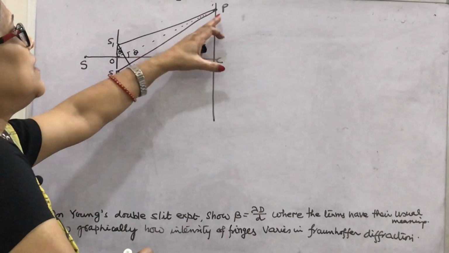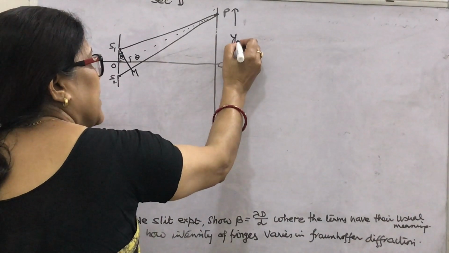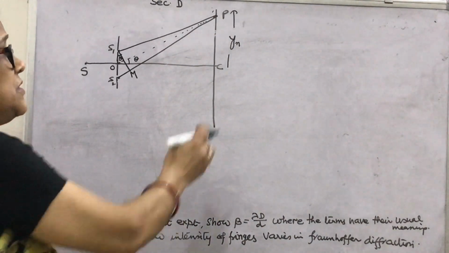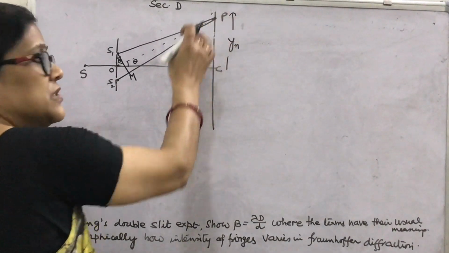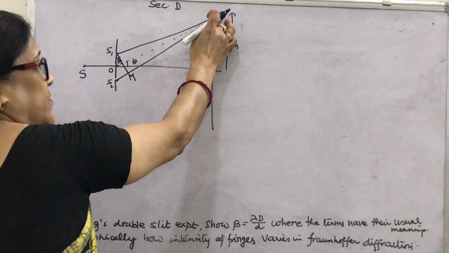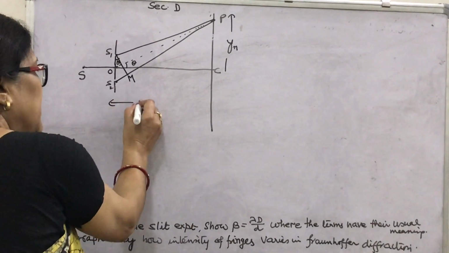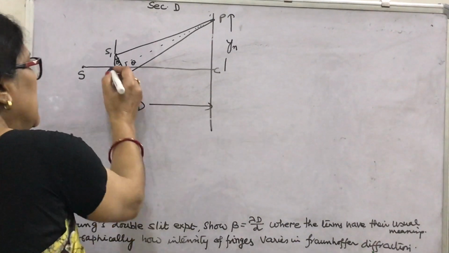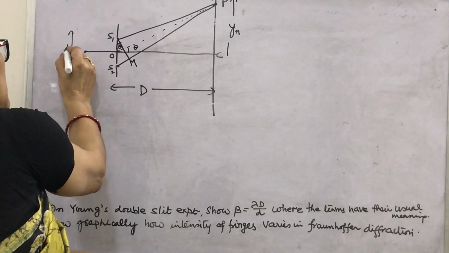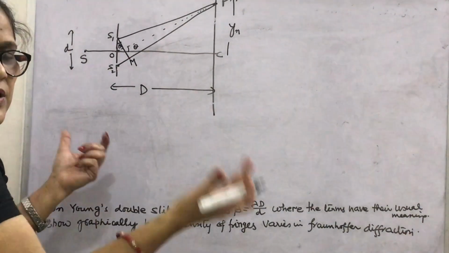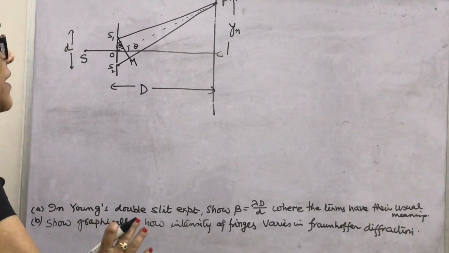Suppose Yn is the distance of the nth fringe from the central maxima, which is found at point P. Now, since this distance is very large compared to the distance between S1 and S2, which is very small, shown by small d, and the wavelength is monochromatic lambda, how do we find the expression beta equal to lambda D by d?